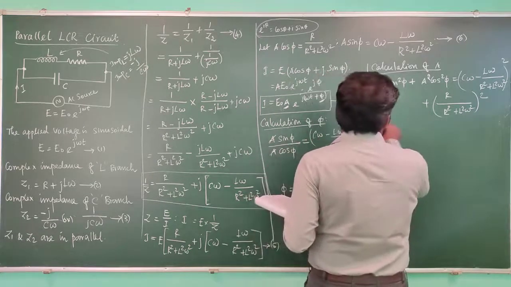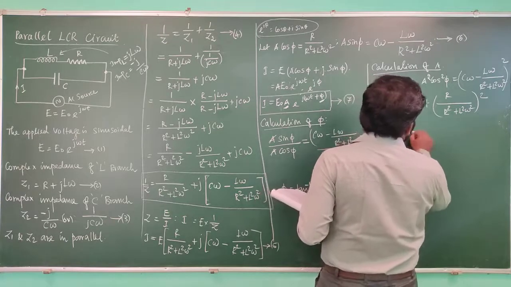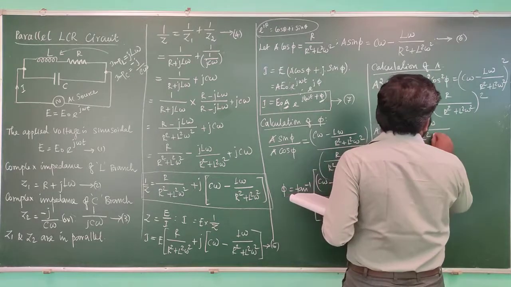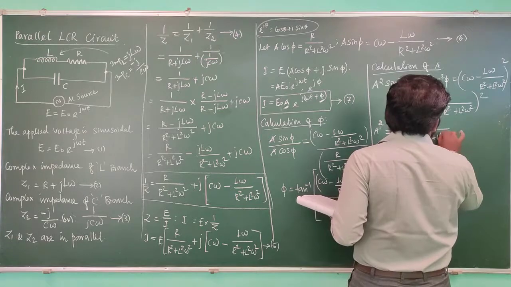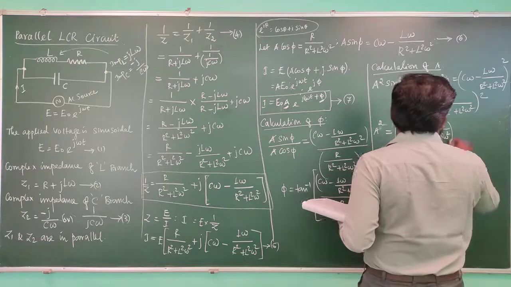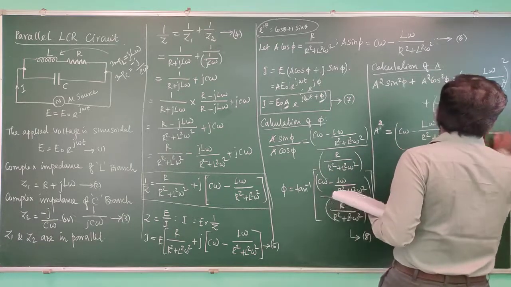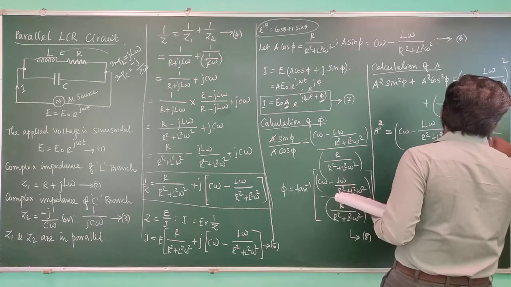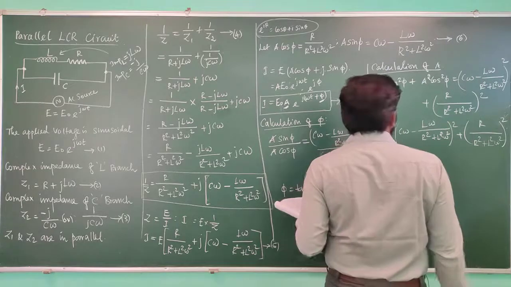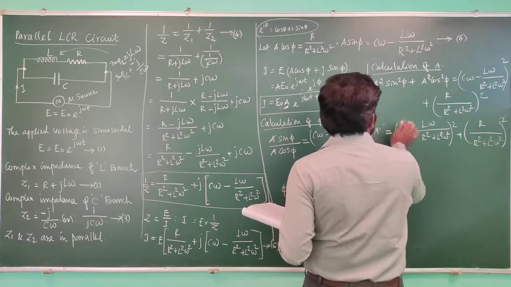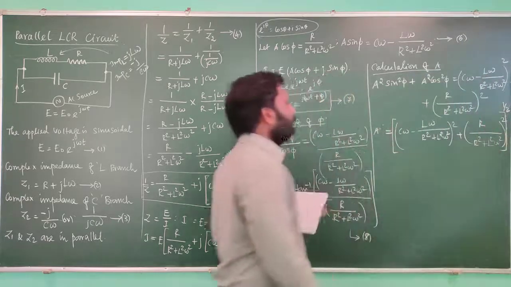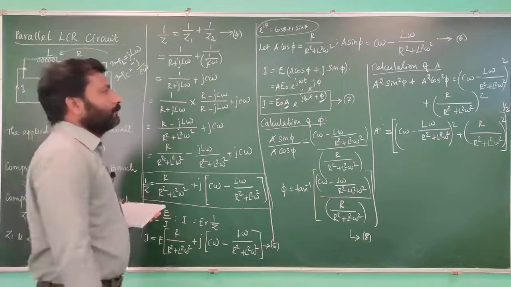So now let it be a square, equal to (C omega minus L omega by R square plus L square omega square) the whole square plus (R by R square plus L square omega square) the whole square. Now if you want a, you have to take the square root. So this is what a is.